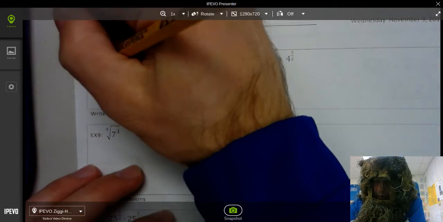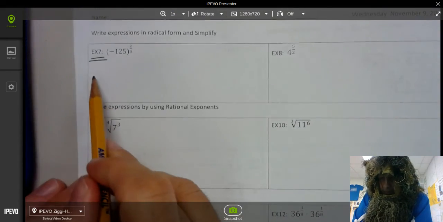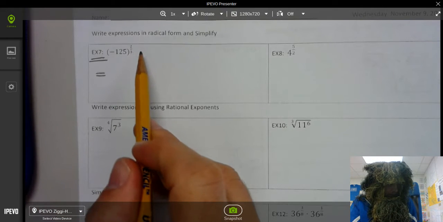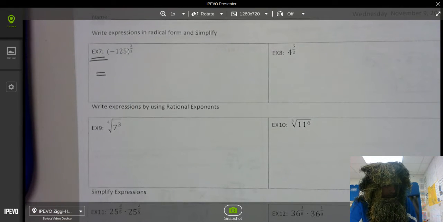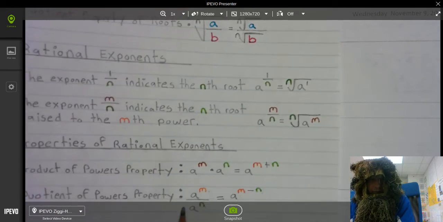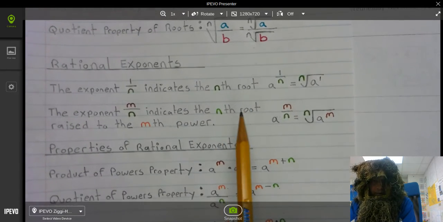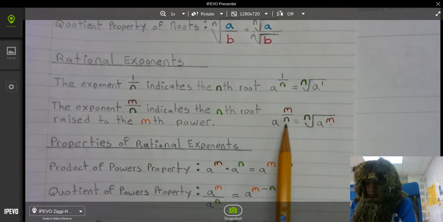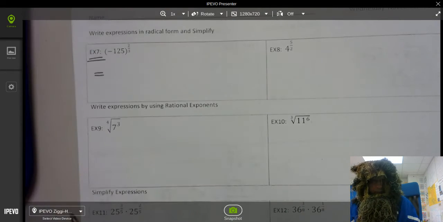So to convert this to radical form, make sure I give you the right property here. I'm using this property right here. So look where the m goes, look for the n, okay?